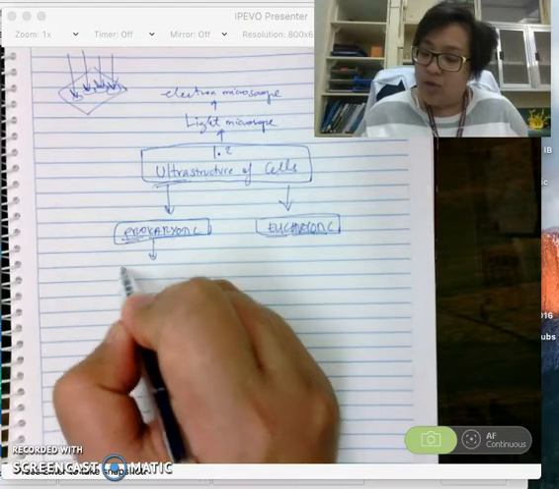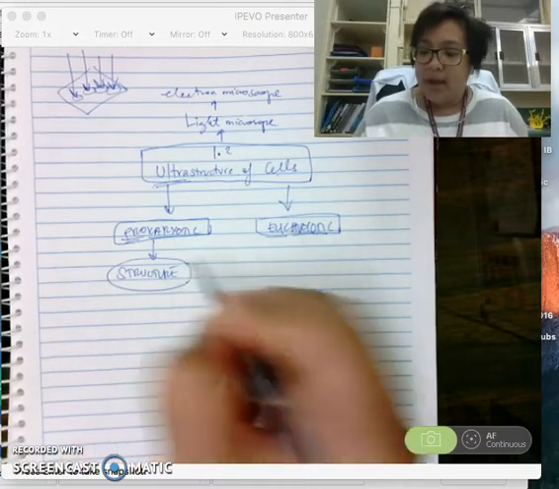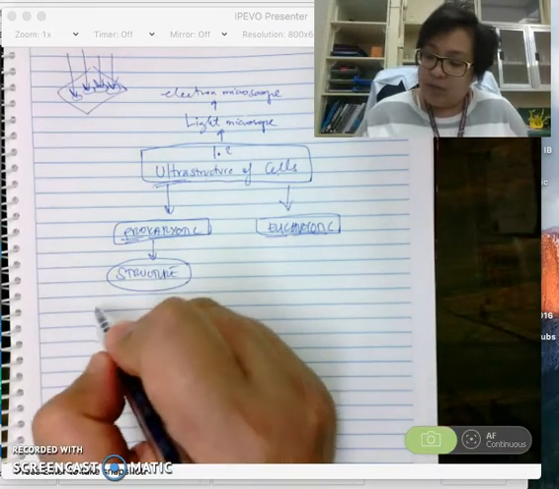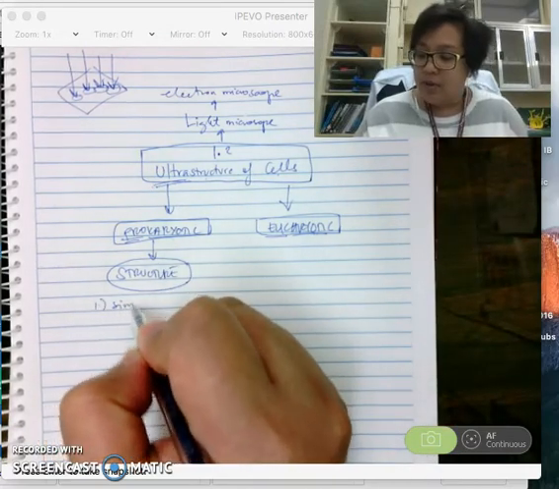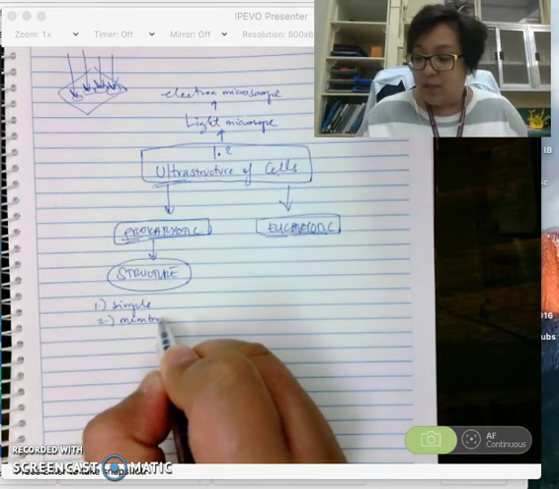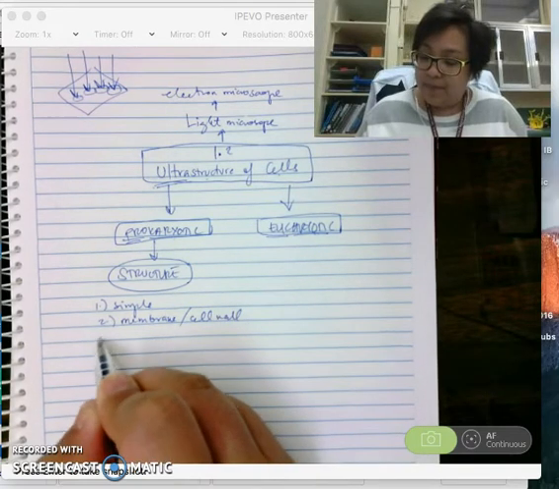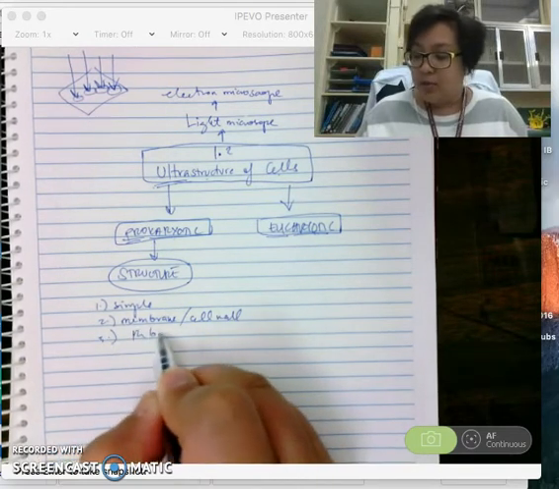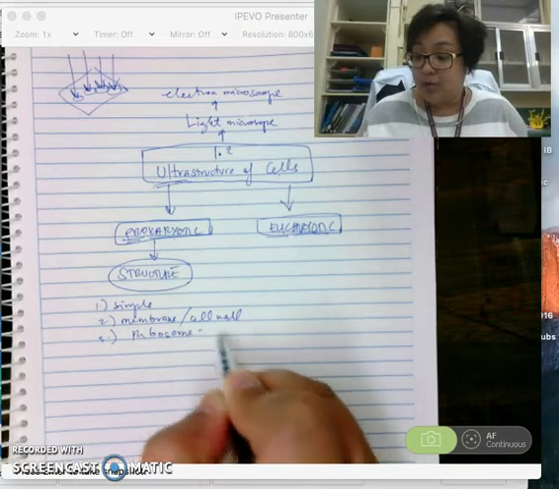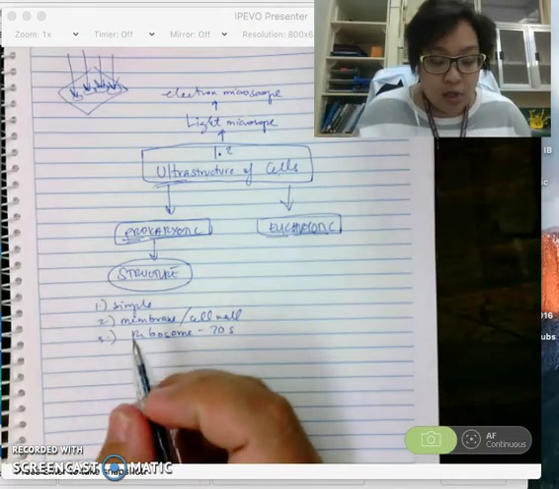So how do we describe the structure of a prokaryotic cell? Number one, they're simple in structure. They do have a membrane. In fact, some prokaryotes also contain a cell wall. They also have a ribosome. However, it's smaller, about 70 Svedberg units.